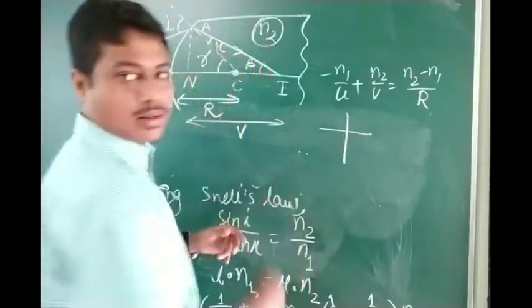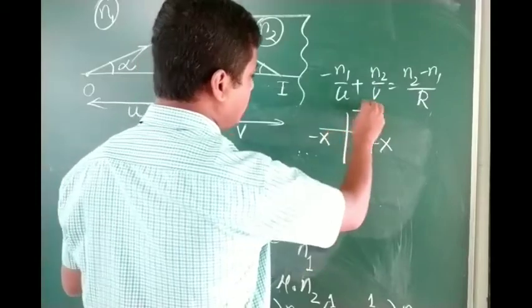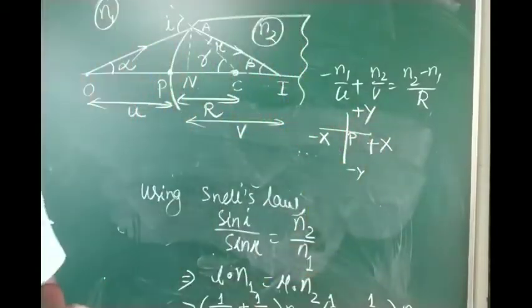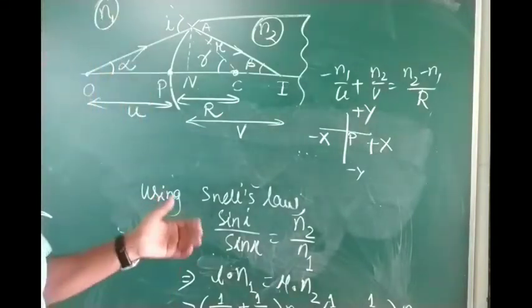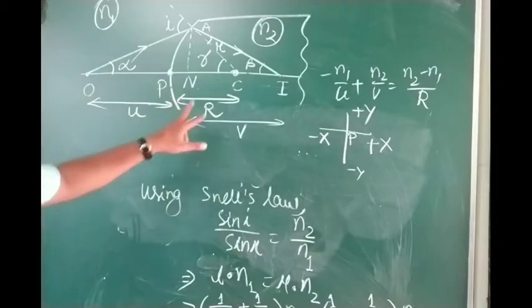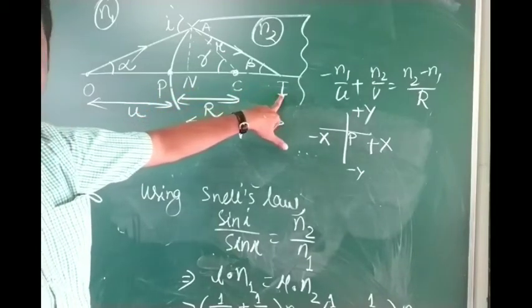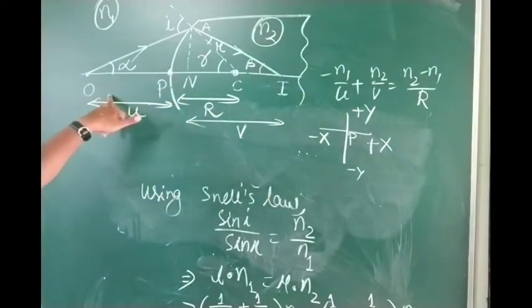You can follow this. Minus x, plus x, minus y, plus y, your P will be here. This is according to the graphical method only. Now, you go on putting the values. Your PC will be radius of curvature, it will be plus R. Your PI value will be your image distance, it will be plus V. PO will be your object distance.